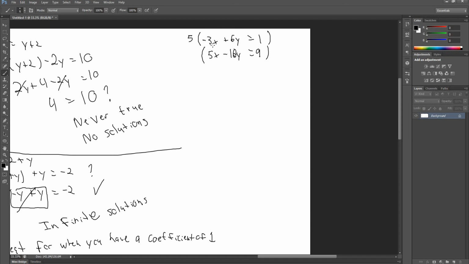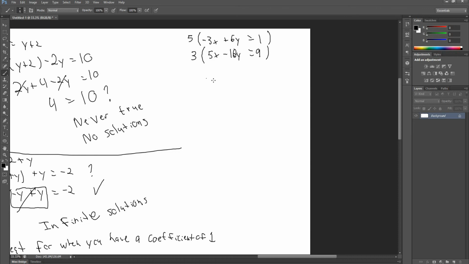Since I want them to stay opposite, I'm going to multiply only by the number and not the sign. So I'll multiply by 3. This will give me a 5 times negative 3 is negative 15, and then a 3 times 5 is a positive 15. And we said we wanted opposites, so that's good.